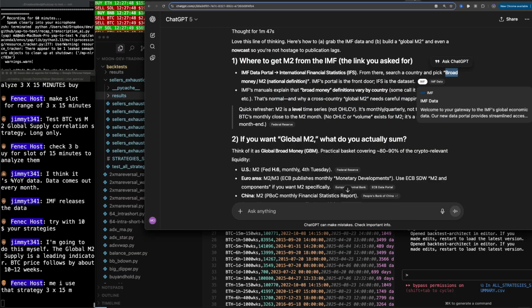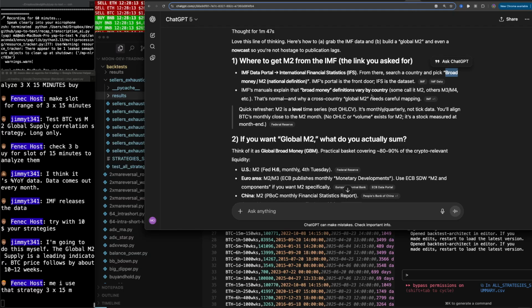So what data did she say? Broad money. Okay. IMF's manuals explain the broad money definitions vary by country. Some call it M2, others call it M3. That's normal, and why cross-country M2 needs careful mapping. M2 is a level time series, not open, high, low, close, volume.